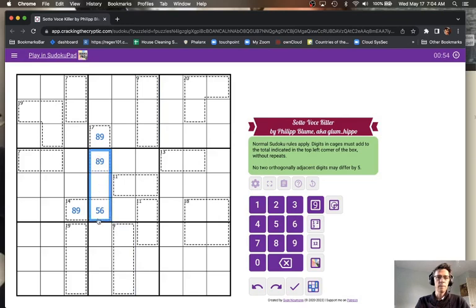Now, because of the digits in here, we know that this digit can't show up in the 9 cages because 8 and 9 are both too big. So we do know that these two have only one digit in common and not three.